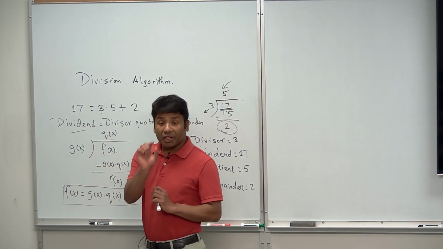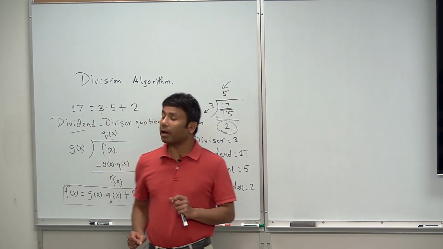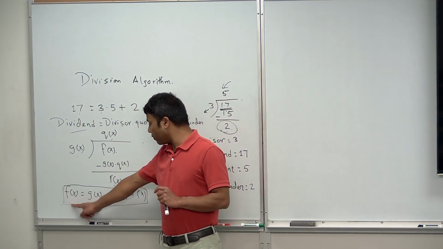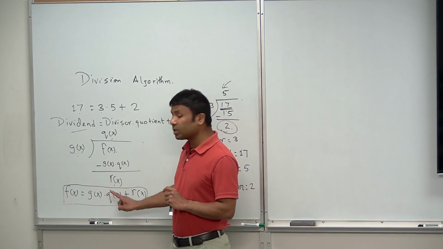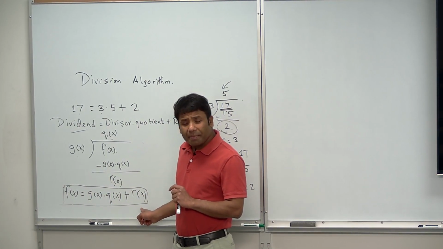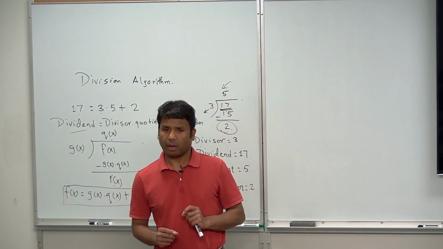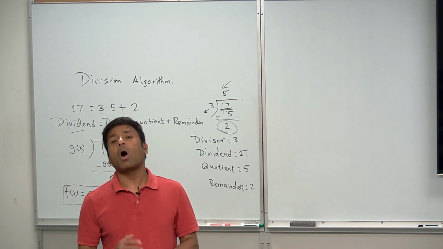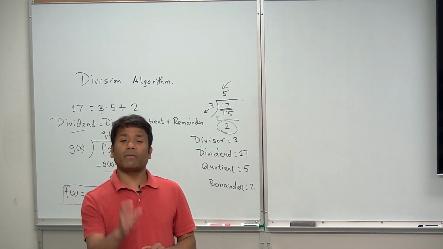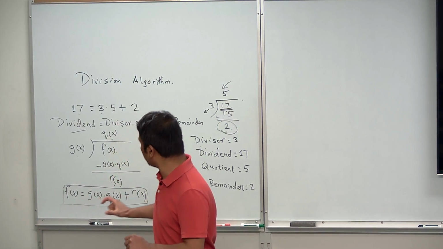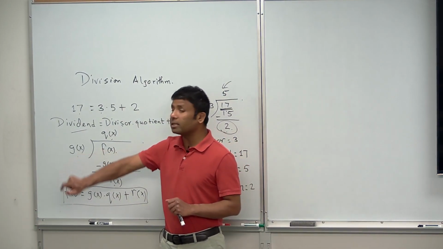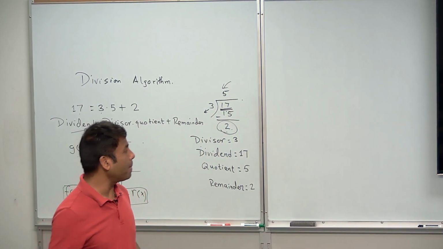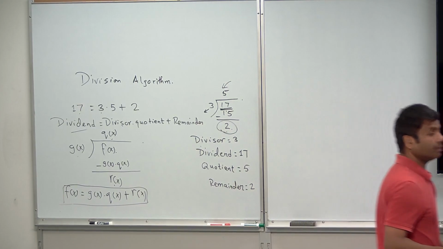Then there exist unique polynomials q(x) and r(x) such that f(x) equals g(x) times q(x) plus r(x), where r(x) is the remainder. The remainder is either 0 or the degree of r(x) is less than the degree of g(x). So this is the division algorithm.